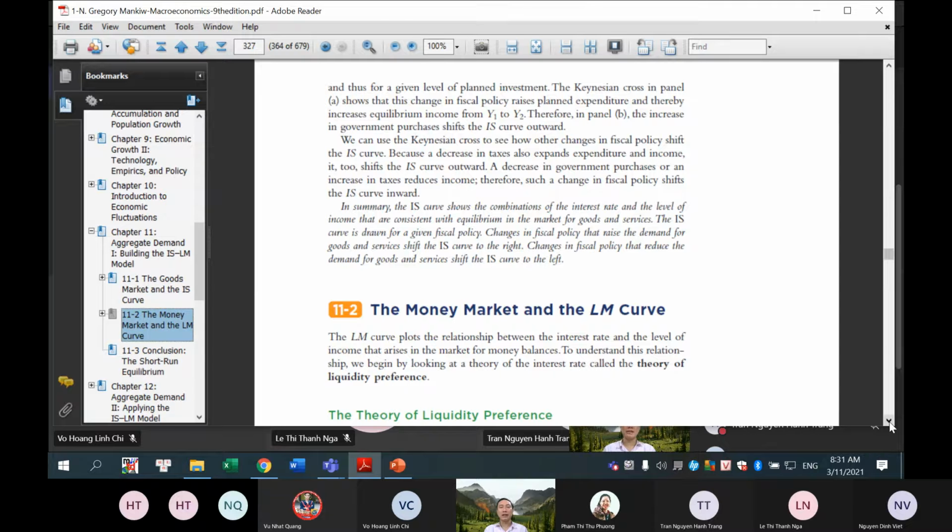So when the discount rate is so low, for example 0%, borrowing money from the central bank is free. So commercial banks will borrow a lot from the central bank, and therefore they have more money to lend out to the public, and the money supply will be higher.